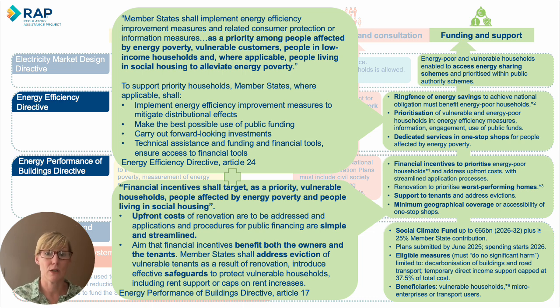The EPBD goes further to specifically make sure that upfront costs of renovation are addressed, which are particularly difficult for people who maybe don't have savings, and that access to these subsidy programmes and finance is streamlined, so people find it easier to get hold of this support. It also adds some very important social safeguards to address the possible negative consequences of renovation, like rent increases or evictions. Once again, more in the paper on some of those safeguards.